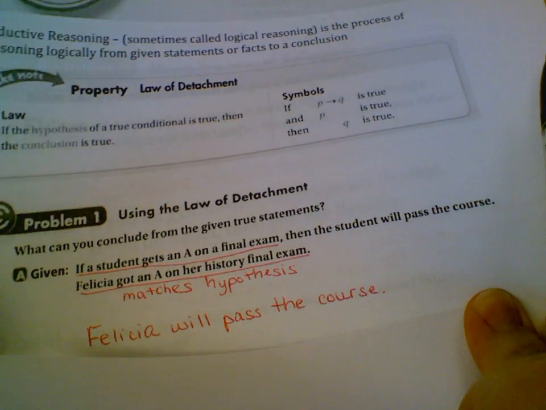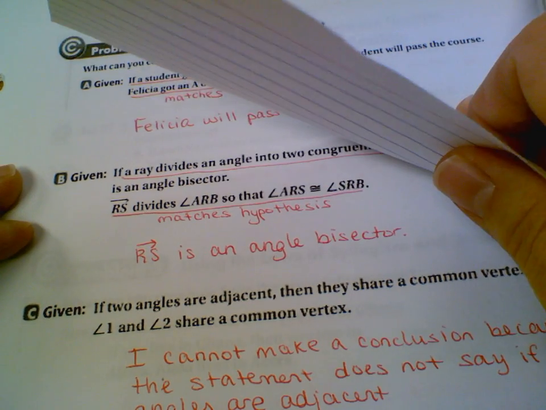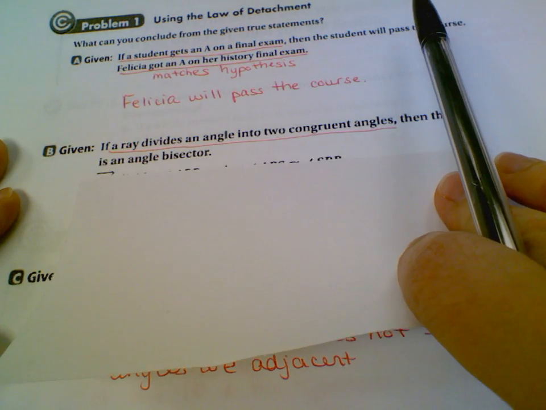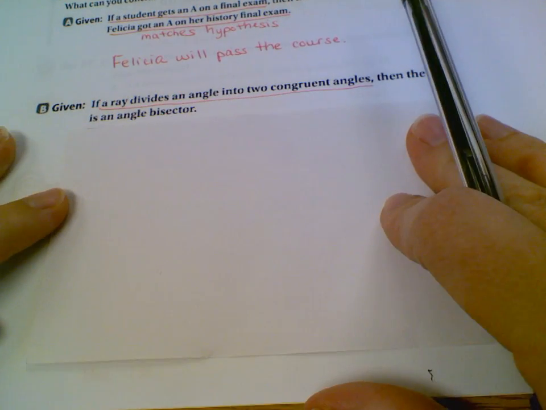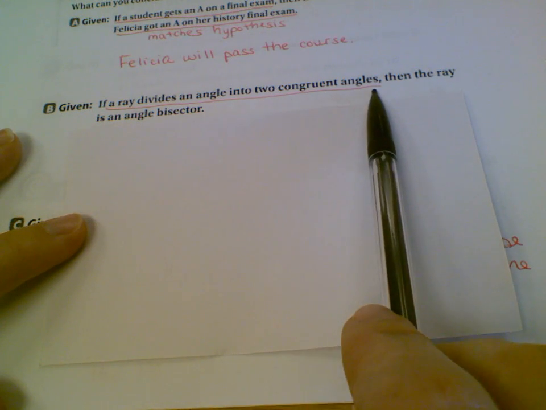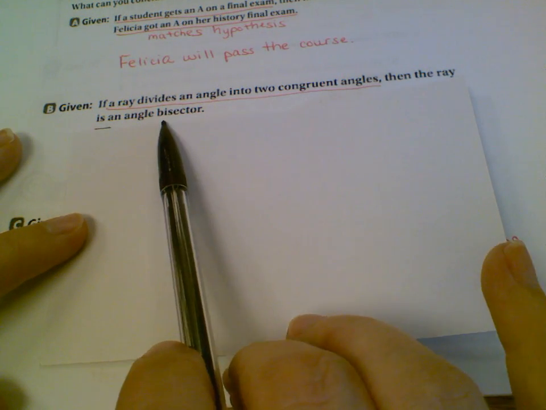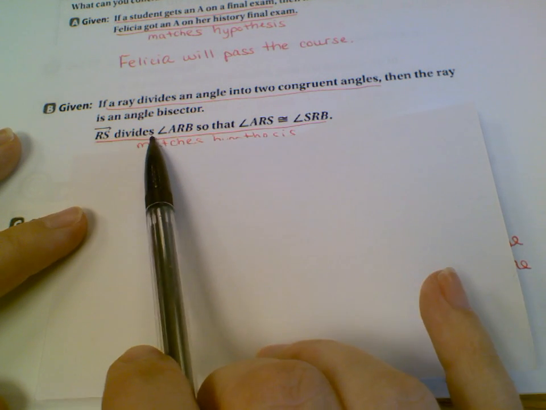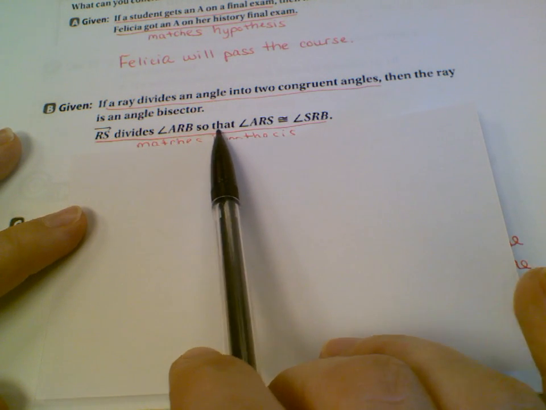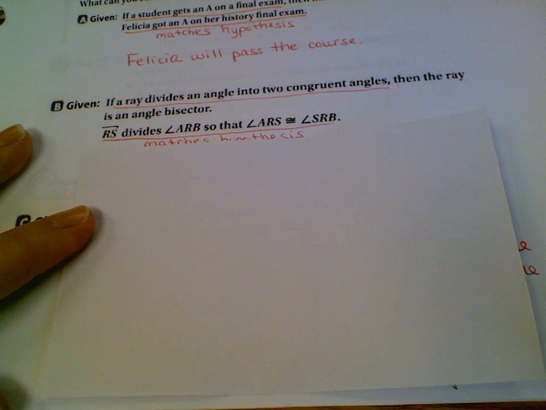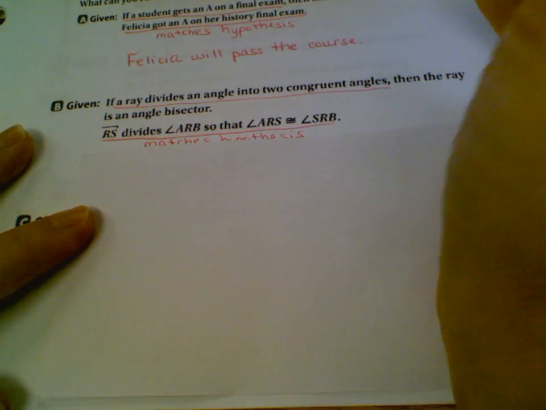Let's try again here. Here's my if-then. If a ray divides an angle into two congruent angles, then the ray is an angle bisector. My statement says, ray RS divides angle ARB so that these two angles are congruent. If it doesn't make sense in terms of notation, draw a picture.